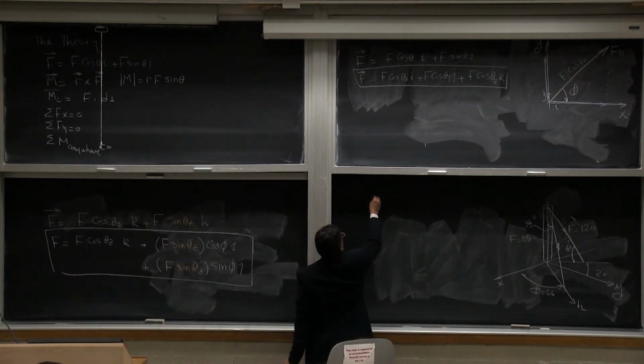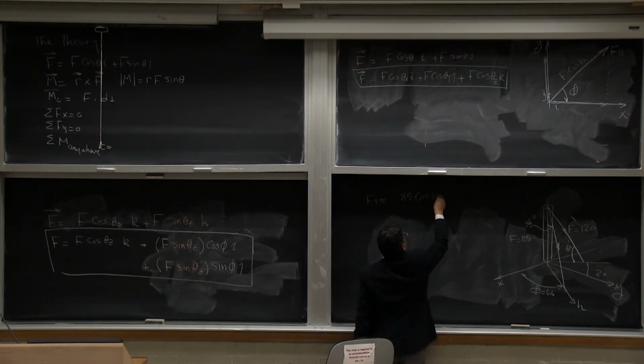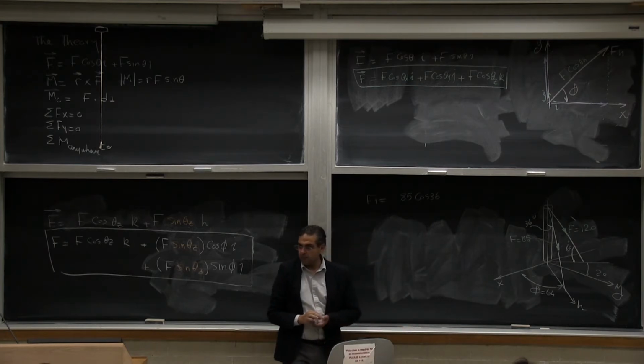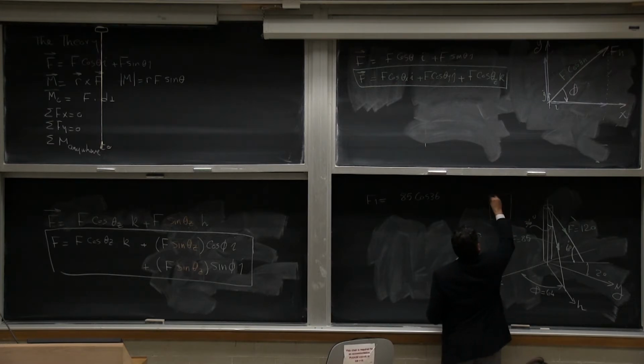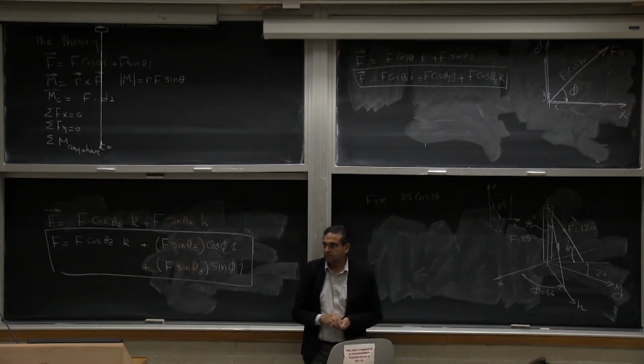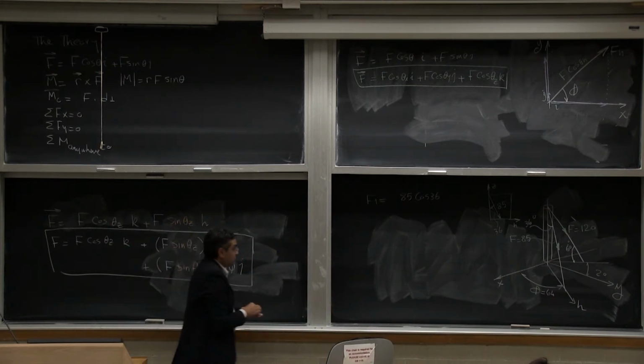Let's look at F1. Well, F1 will equal 85 cos 36. That's the easy part. So I take F1 and I say it's 85, and if this is z and this is h, this is 36. So that's the F_z. So I say k.